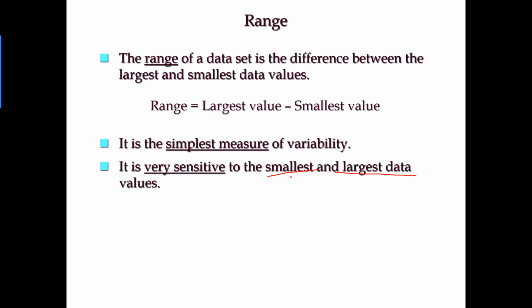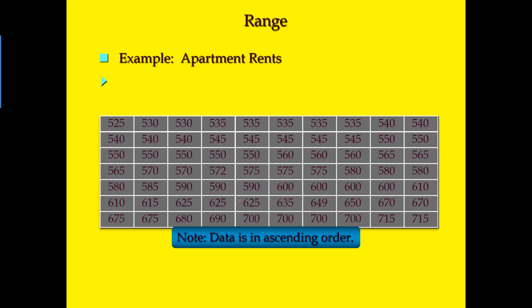Since range doesn't work well when we have extremely small or large values, what would be a more proper method? Since range only considers two values from my dataset, how about we consider all the values, so that we can more completely consider my dataset and more properly measure the variability?